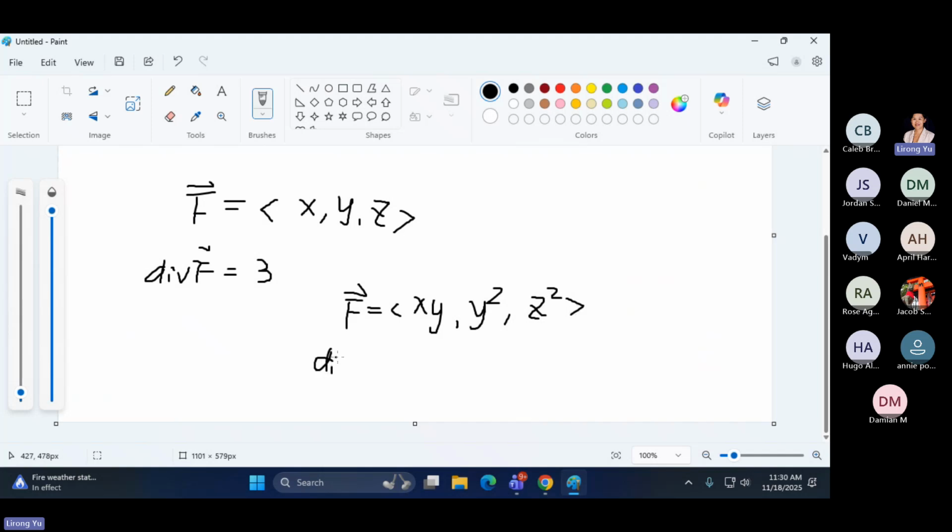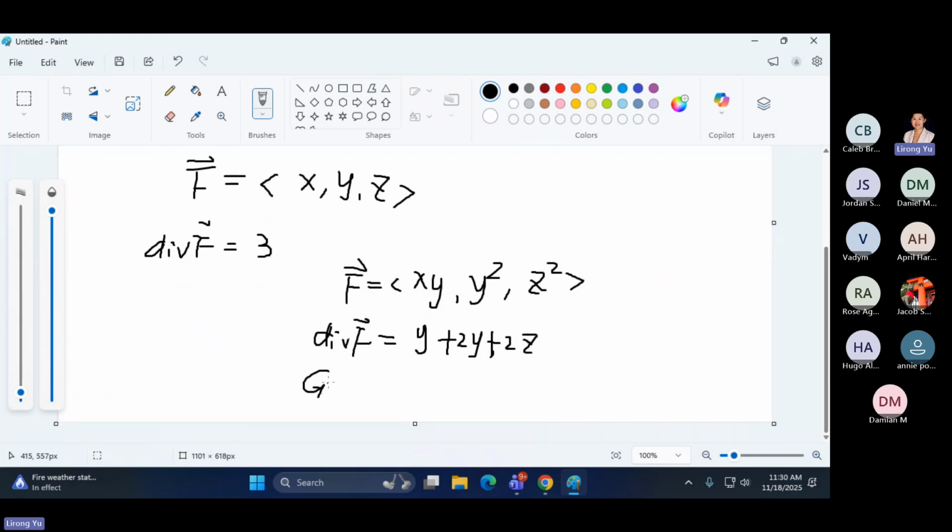The divergence of the vector field is differentiating the first component with respect to x, which gives y. Differentiating the second component with respect to y, we get 2y. Differentiating the last one with respect to z, we get 2z. Now we can calculate the gradient of this function. Gradient means we find its partial derivative vector.